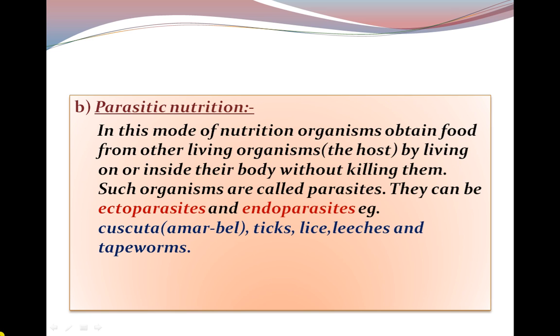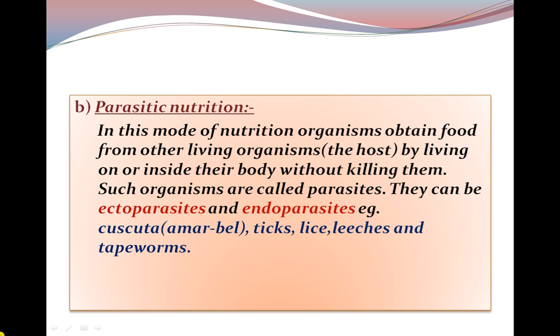Such organisms are called parasites, and the organisms on which these parasites grow are known as the host for them. These parasites are of two types: ectoparasites and endoparasites. Ectoparasites live on the body of other living organisms or host body.